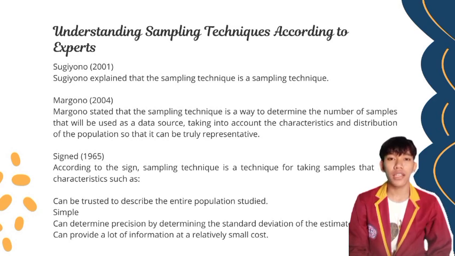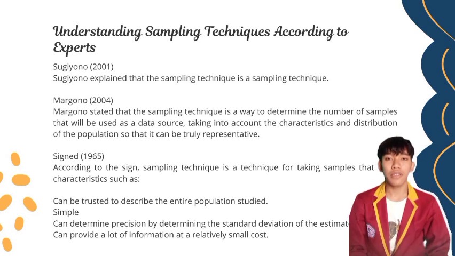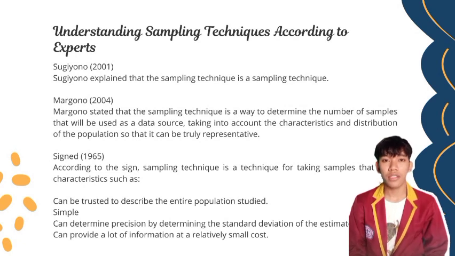According to Slovin, the sampling technique is a technique for taking samples that meet characteristics such that they can be trusted to describe the population studied. It can determine precision by determining the standard deviation of the estimation obtained, and can provide a lot of information at relatively small cost.